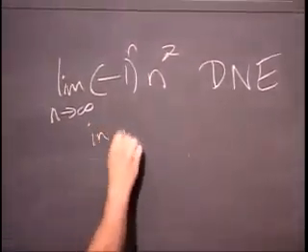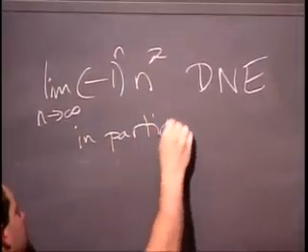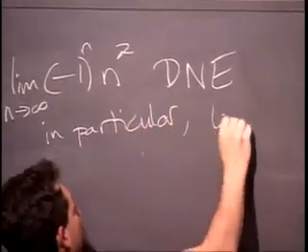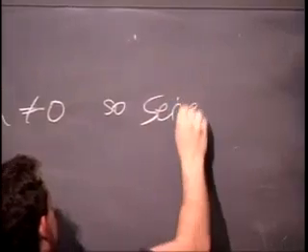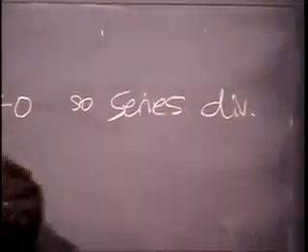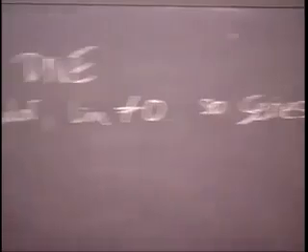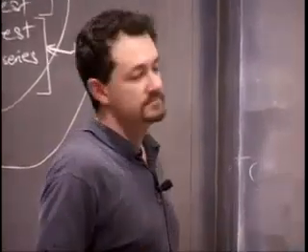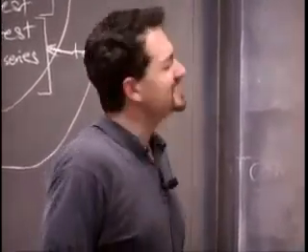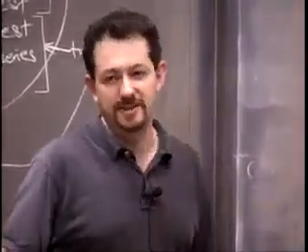In particular, the limit is not 0, so the series diverges. Again, if you replace the series by a limit and you get anything other than 0, it diverges. Doesn't matter about the positive, negative. That's the nth term test. We talked about it last time.